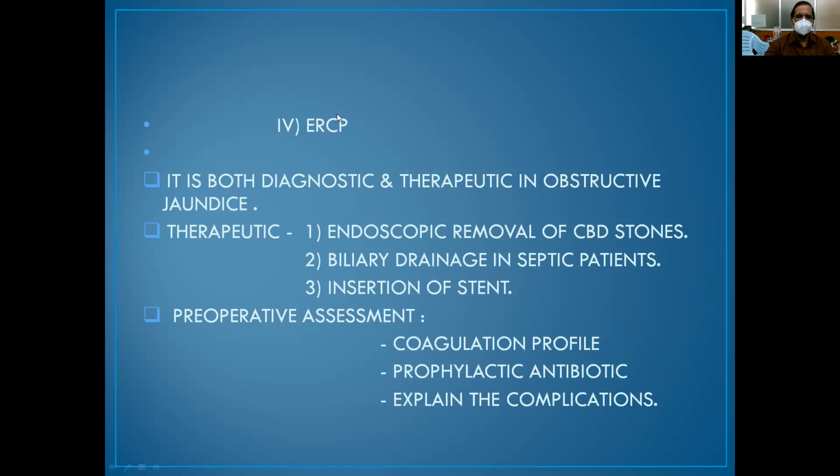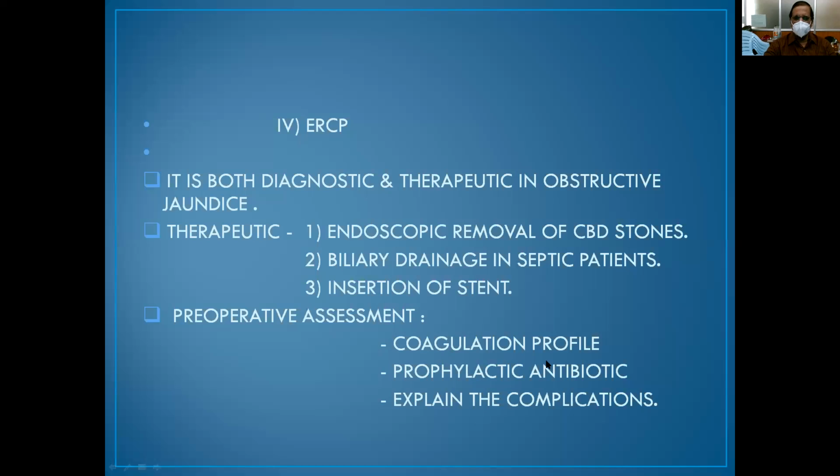But before doing ERCP, the important precautions you have to take are, number one, you have to do a coagulation profile. You must give prophylactic antibiotics and explain all the complications to the patient, because ERCP is an invasive procedure and the patient may get infection, that is, biliary sepsis can occur.